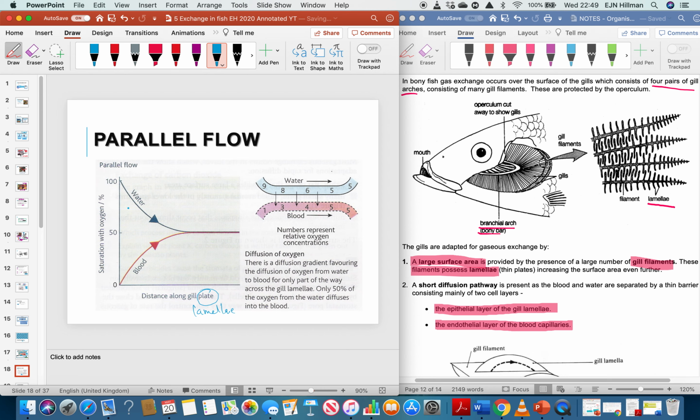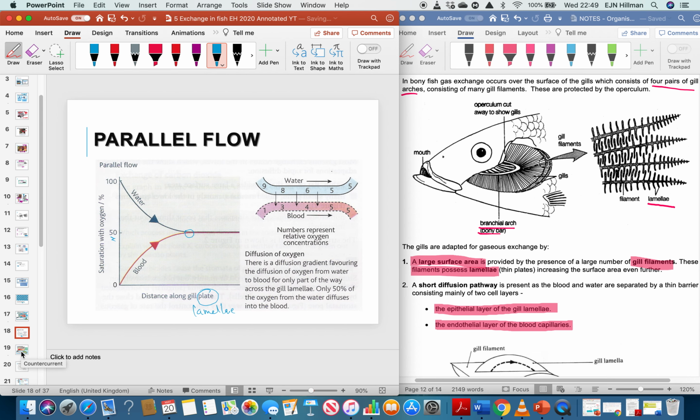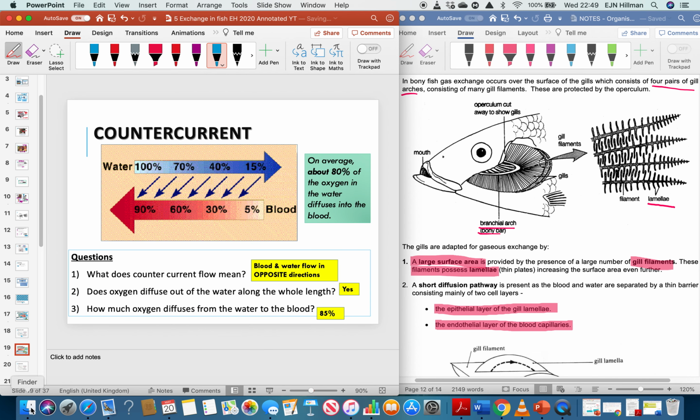As the water travels over the gill plate, initially oxygen diffuses across, but then it reaches equilibrium here, and there can be no more exchange of oxygen, and therefore the amount of oxygen that can move from the water and into the blood is only ever 50%. Or is that at most 50%?